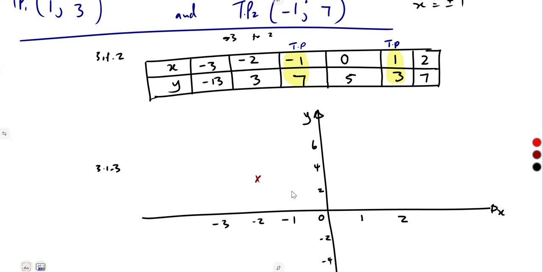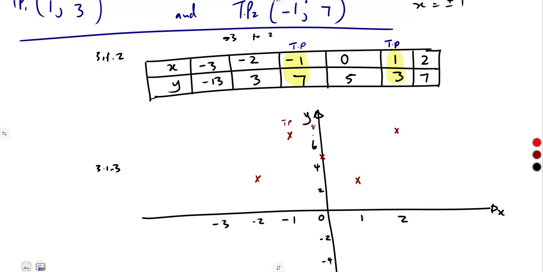Minus 1 versus 7. 7 is going to be in between, just somewhere like this. So that's minus 1, 7. And remember, it's a turning point, this one. 0 versus 5. 5 is somewhere here. 1 versus 3, this is 1, this is 3, somewhere there. You mark your point. 2 versus 7, this is 2, this is 7, somewhere there, here.